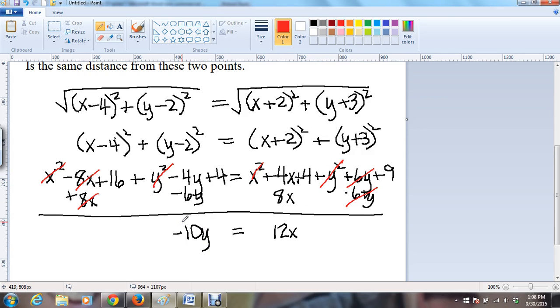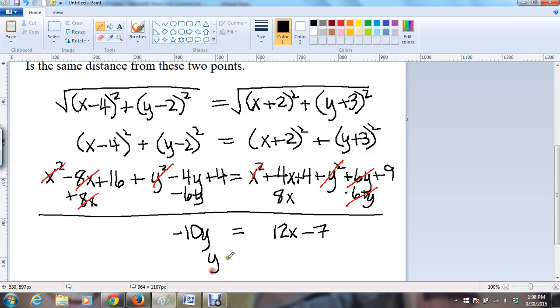Okay, and then I've got 16 and 4 on the left side, which is 20, and I've got 4 and 9 on the right side, which is 13. So that I'm going to subtract 20 on both sides. So 13 minus 20 is negative 7. Is that right? 13 minus 20 is negative 7. And then I'm going to divide by negative 10.